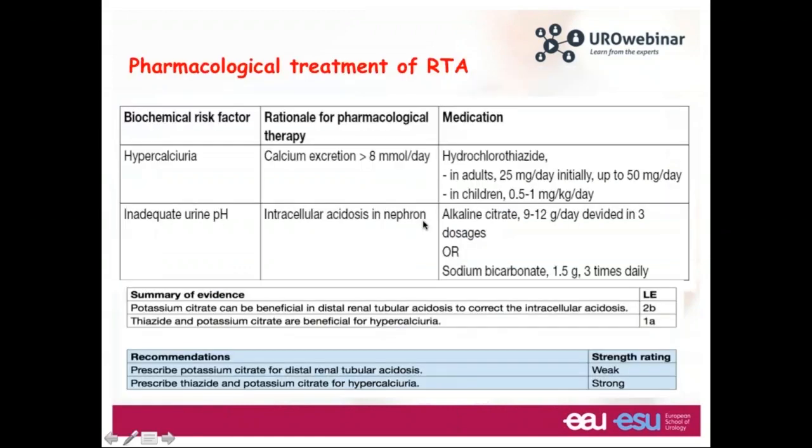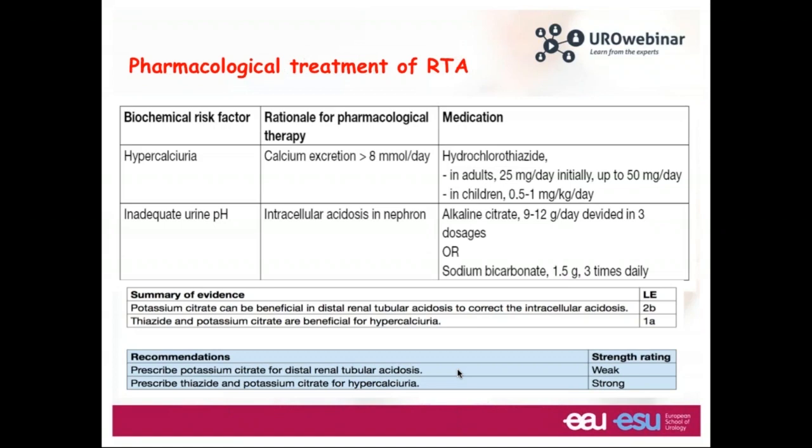You may have alkaline citrates at doses that are between 9 and 10 grams per day. The level of evidence is not that bad, and the recommendation for thiazide again and potassium citrate for hypercalciuria is strong. For renal tubular acidosis it is weak.